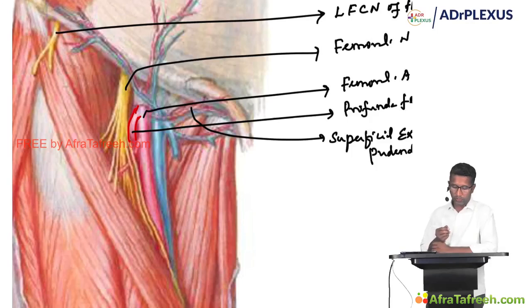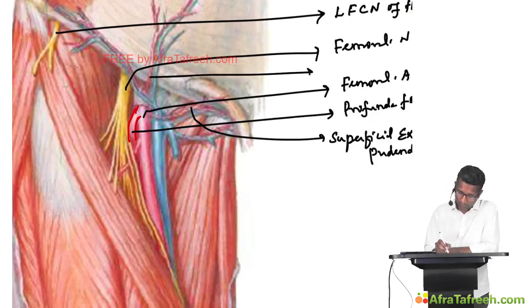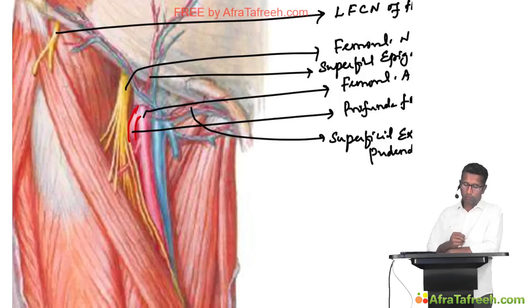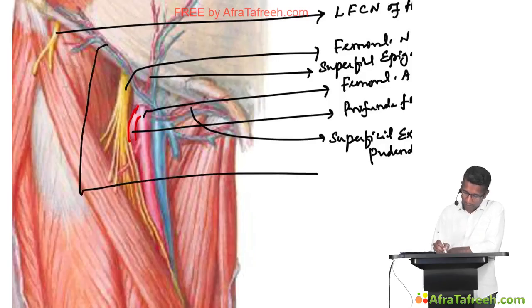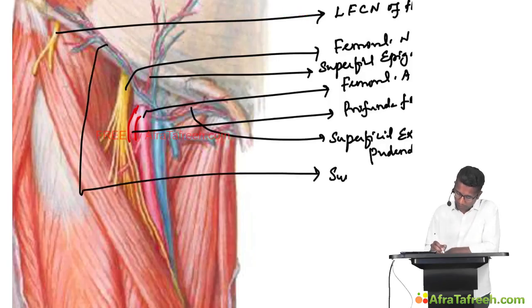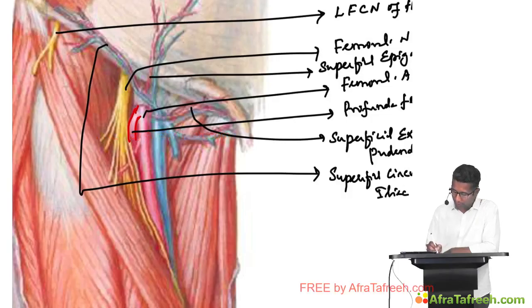What you see here are the superficial epigastric vessels. And a vessel which is running to the iliac region is called the superficial circumflex iliac artery.